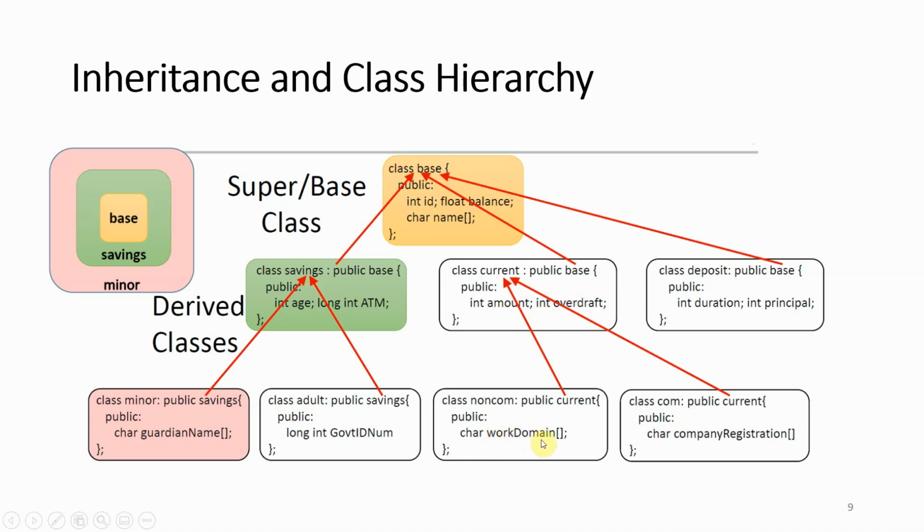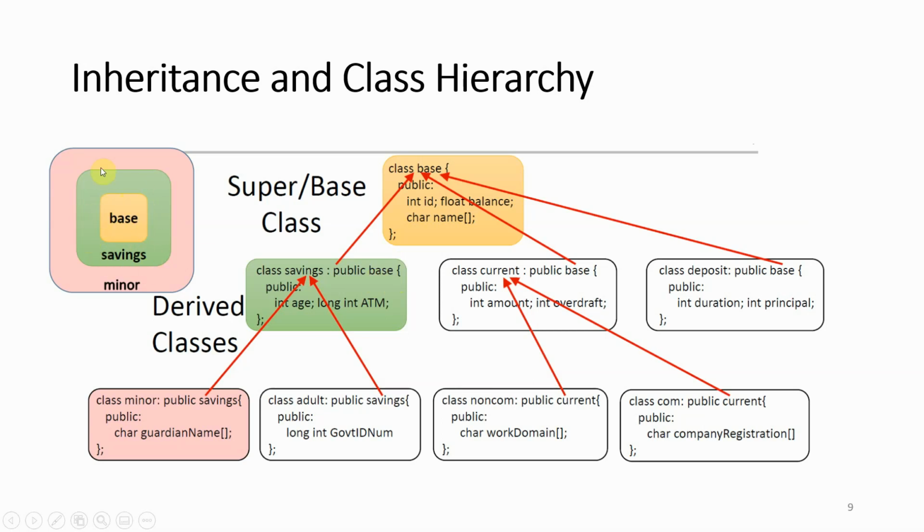Okay, so as you can see here, the class base would be the smallest one, right? If we look at the member variables here, we don't have any member functions, but if you look at the member variables, class base only has 3 member variables, right? Class savings would have everything that class base has.